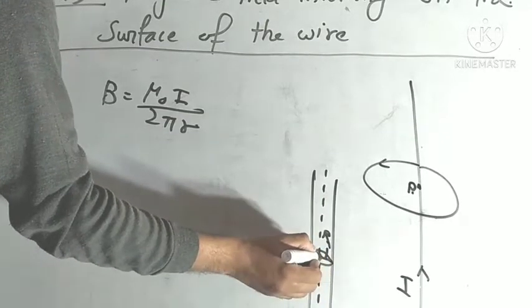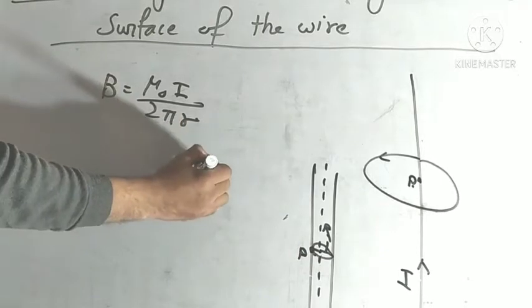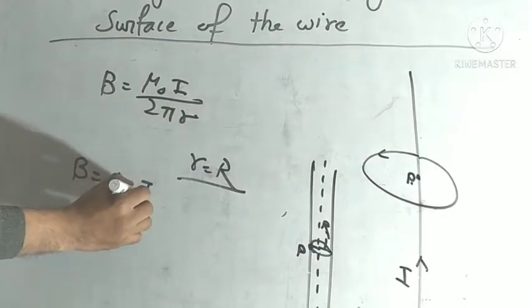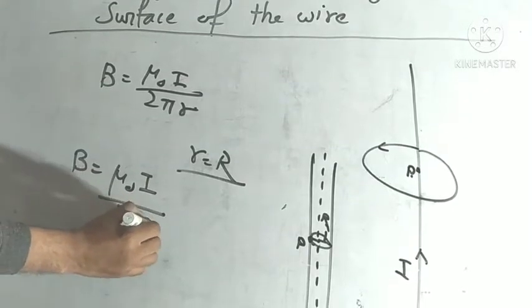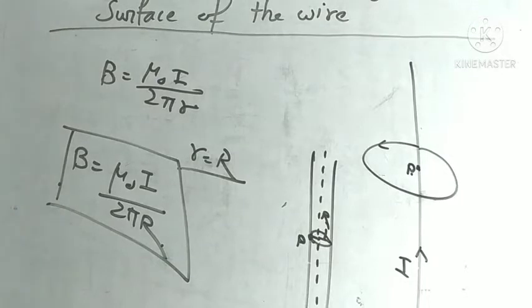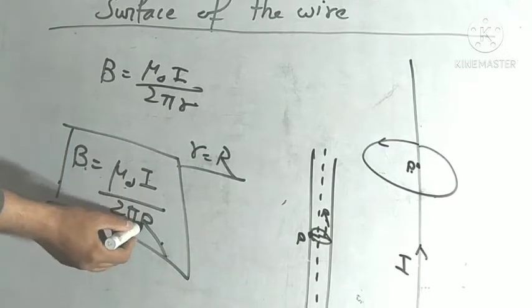The distance of point P from this axis is R, so we put R equal to capital R. So B = mu naught I upon 2 pi R. The magnetic field intensity on the surface of this wire is B = mu naught I upon 2 pi R.